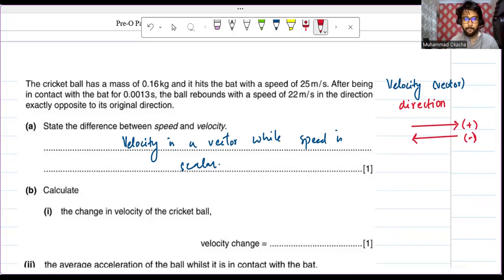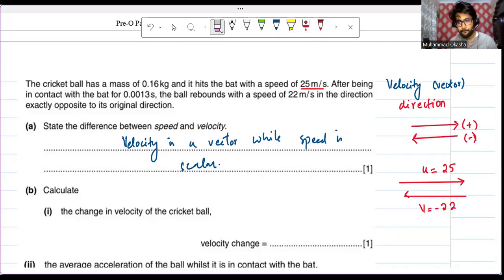If you look at it carefully, a cricket ball of mass 0.16 kg hits the bat with a speed of 25 meters per second. So initially, when it came, it had an initial speed of 25. But when it was hit back, the final speed was 22. If you notice, the direction is now the opposite, which is why I will put a negative over here: negative 22.